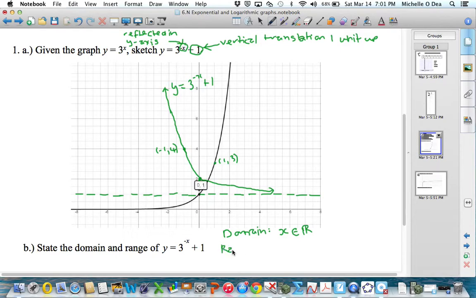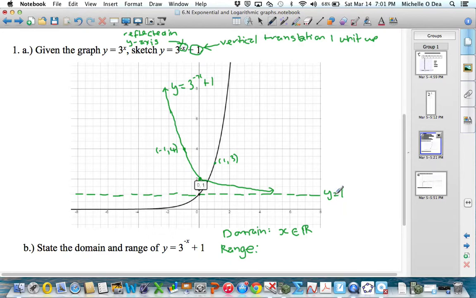The range, however, is not going to be as many values because we can see, yes, it goes on forever in the positive y direction, going on forever and ever. But when we go in this direction, this is an asymptote, this broken line. This is, remember, the line y equals 1. And so you must always write the equation of the asymptote as an equation.